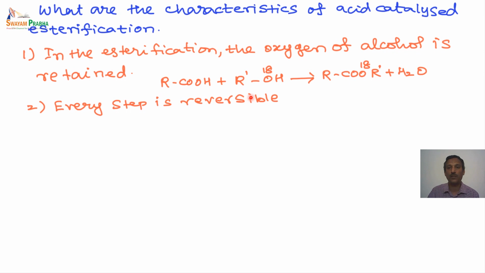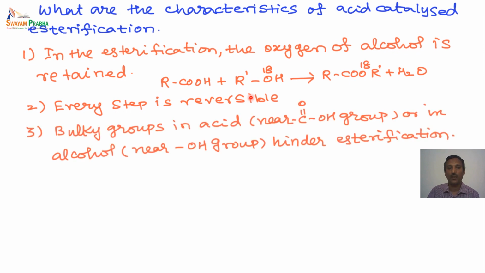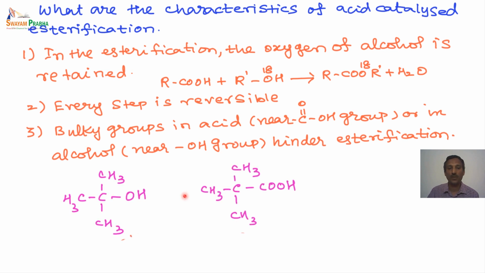So in the esterification, every step is a reversible reaction, and any bulky groups that are present in the carboxylic acid or the alcohol carbon, in both cases, if the functional group carbon has very bulky groups, they do not undergo esterification very easily.